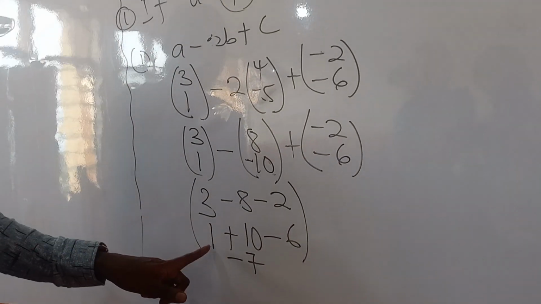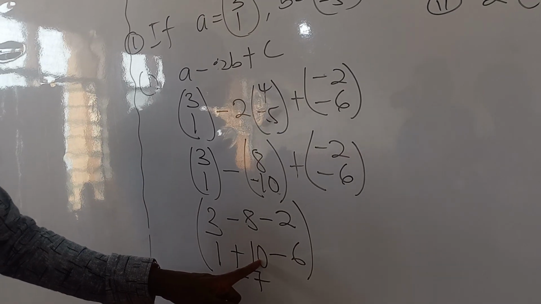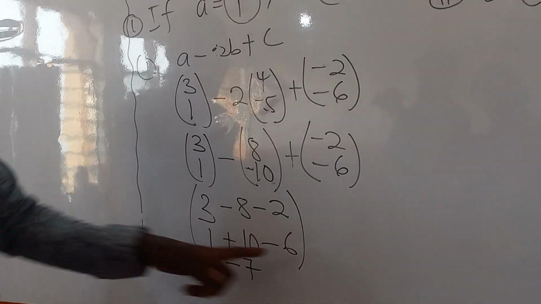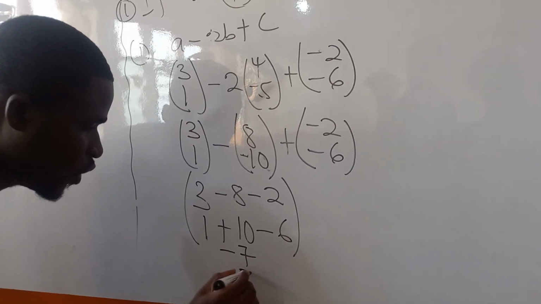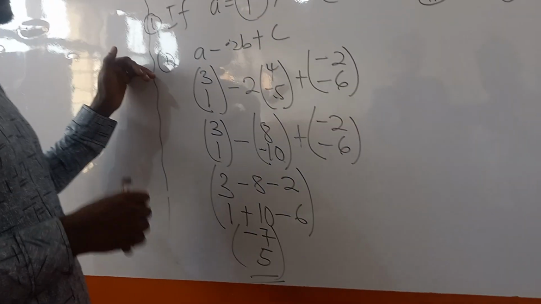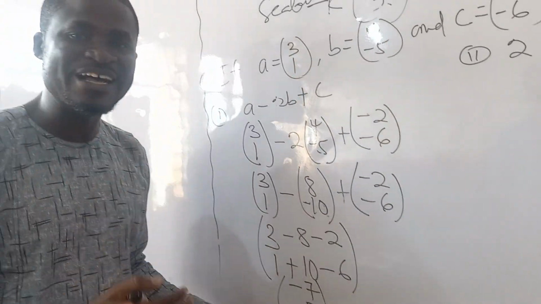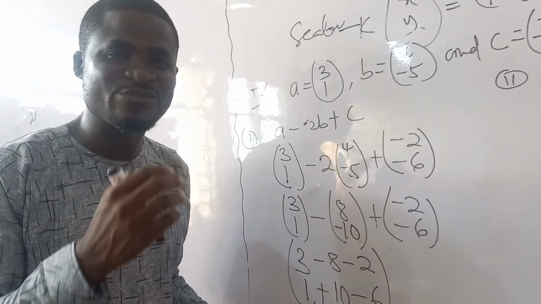Then you come to the down numbers. 1 plus 10 will give us 11. 11 minus 6 will give us 5. So this is our final answer for question I: (-7, 5). Math is very interesting.